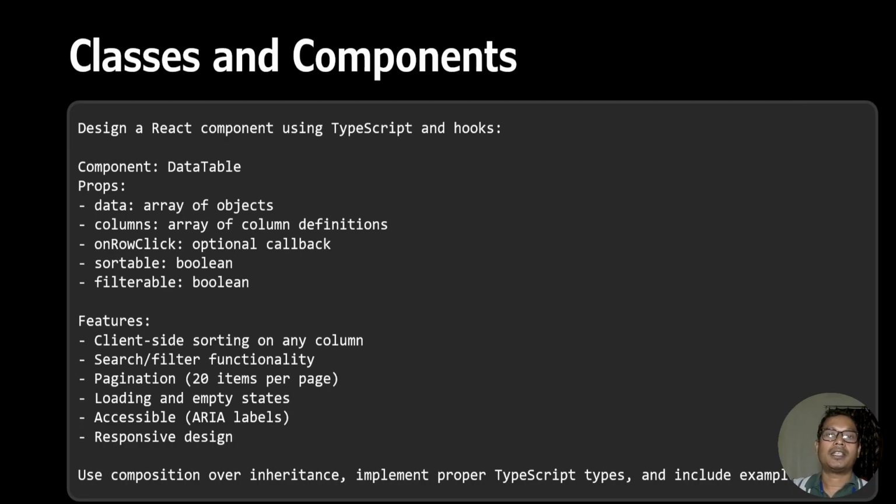Whenever you are creating a class or components for your React.js applications using TypeScript, or a class in your specific technologies, you can structure your prompt like this: design a React component using TypeScript and hooks, give the component name, the props and the features, and define them in bulleted points.